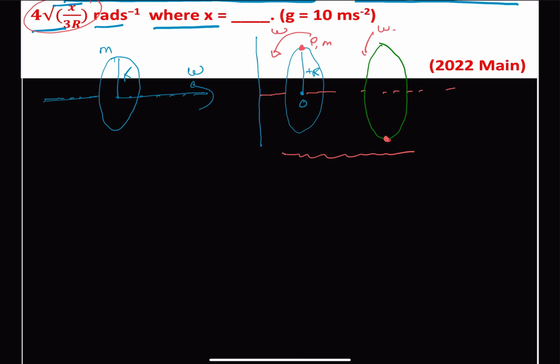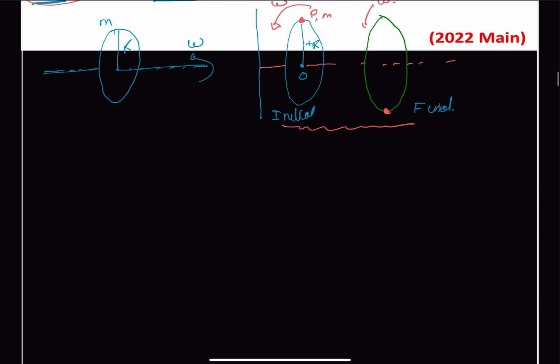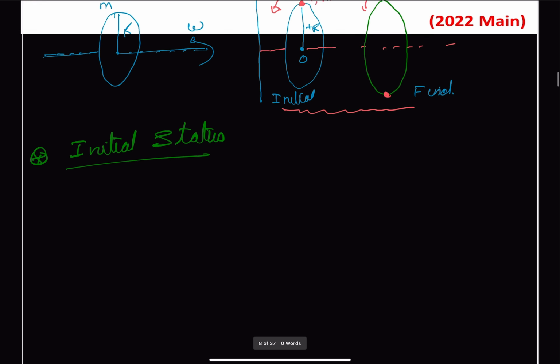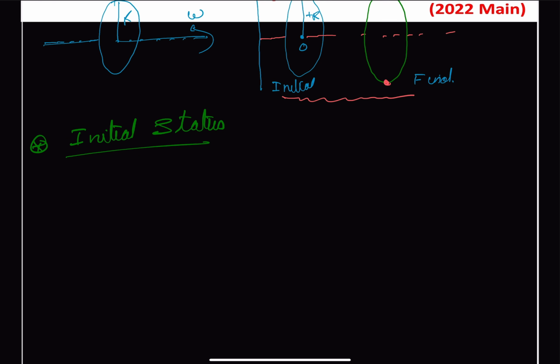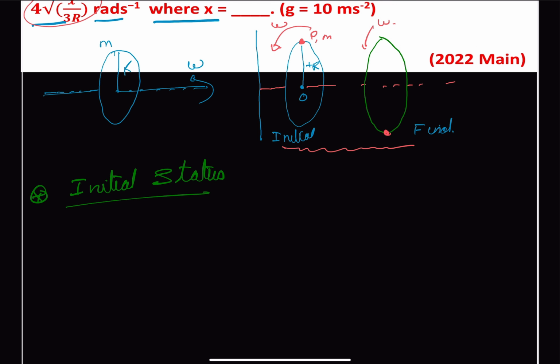This we are calling initial, and this we are calling final. So for the initial state, we are first of all interested in the position of this body, which we have called P.